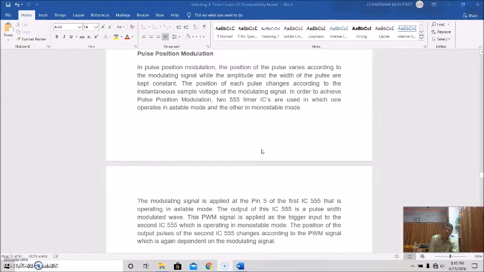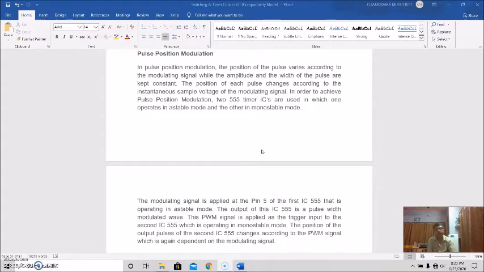Once again, I am telling you this. Pulse position modulation, be careful about the name. The position of the pulse varies according to the modulating signal, but its amplitude and the width of the pulse are kept constant.